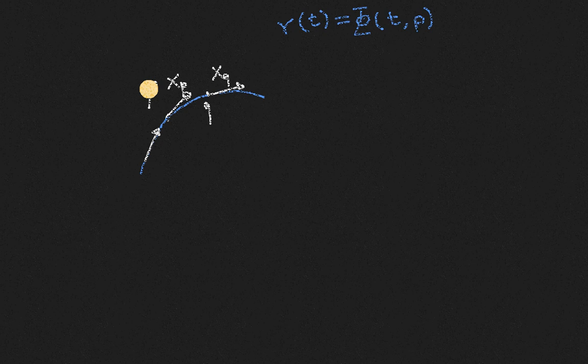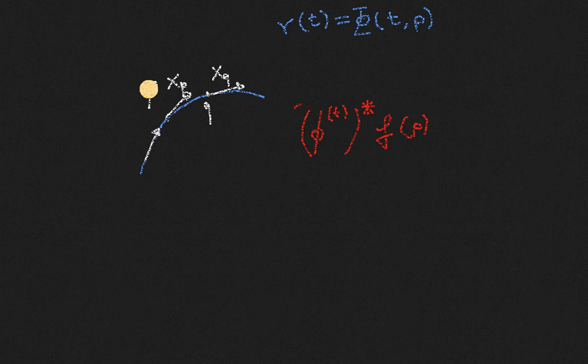Now, what happens when we calculate the pullback via phi with t of f at a point P?